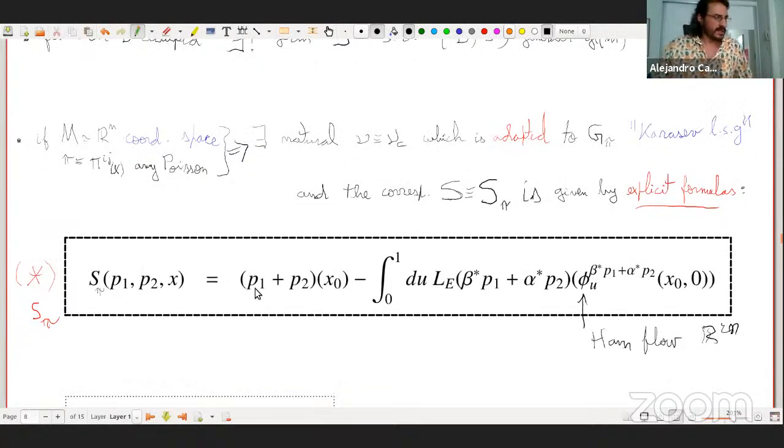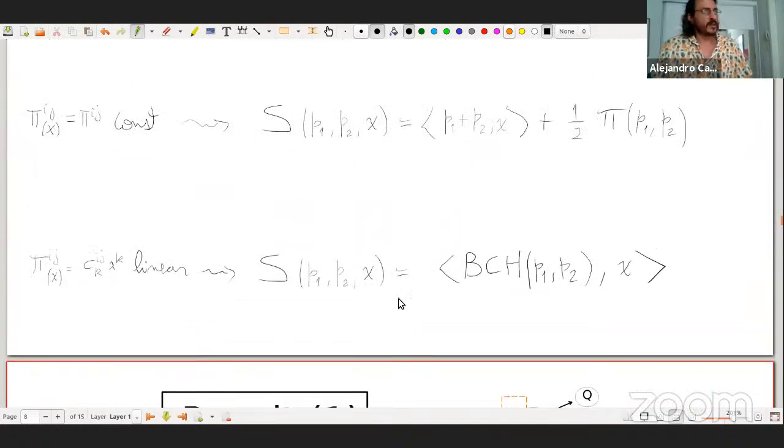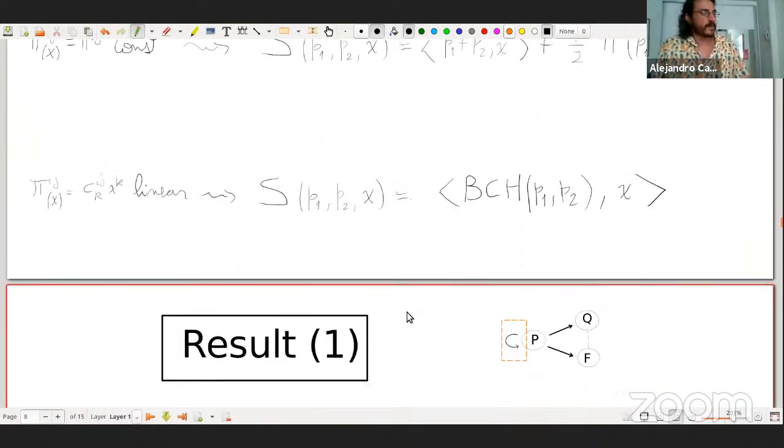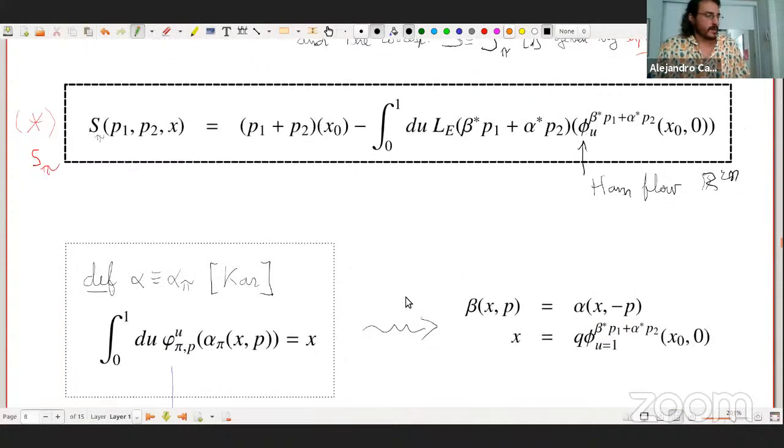So from the perspective that I was mentioning in the examples, this is a very nice formula because by using these flows and this integral, you are able to encode all the possible complexity that appears when the Poisson structure is nonlinear. So let me give you just one more detail.